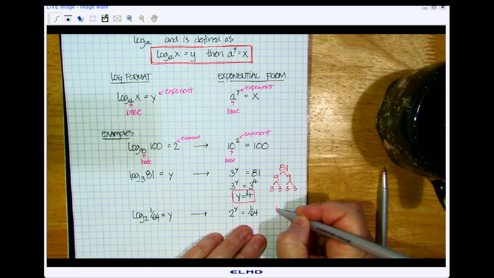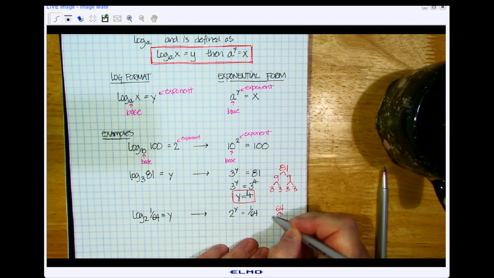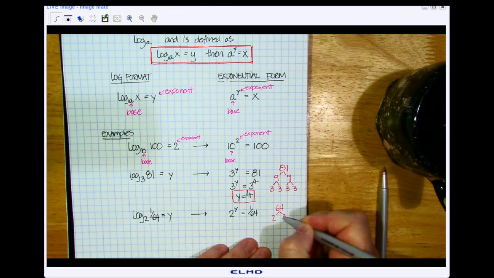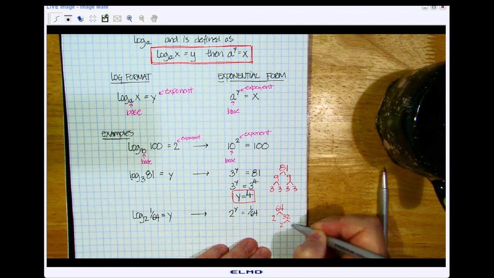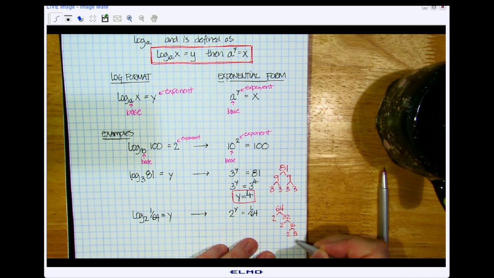And I literally have to take 64 and figure out that's 2 times 32, which is 2 times 16, which is 2 times 8.